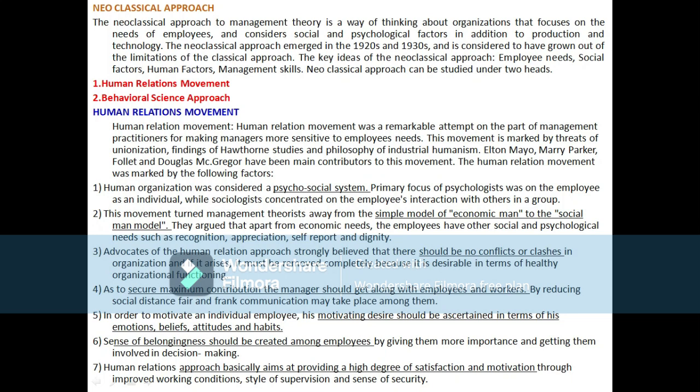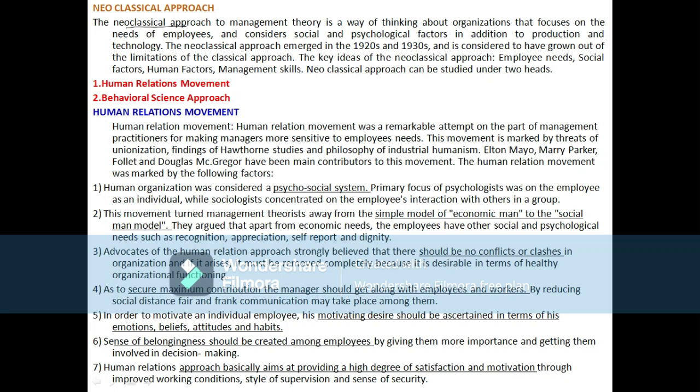First of all, neoclassical approach means that the classical approach had certain limitations. What are those limitations? They concentrated more on the enhancement of productivity rather than being people oriented.